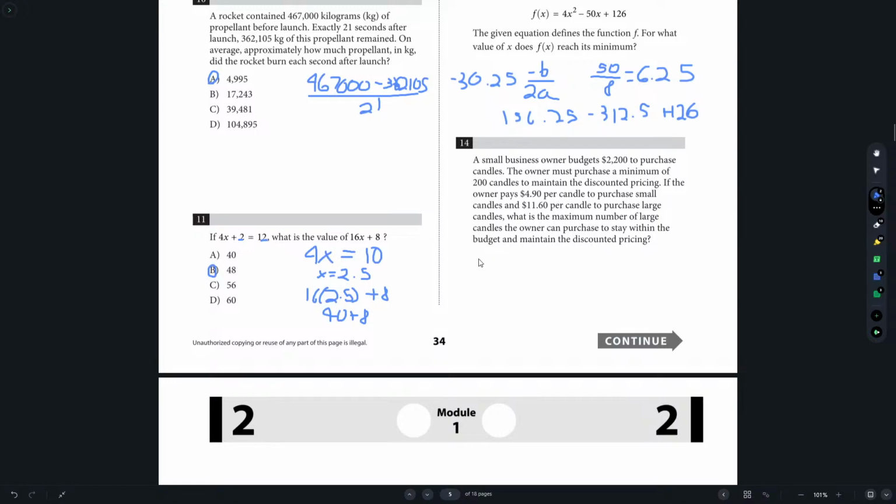So we have our small candles and our large candles. That has to be greater than or equal to 200. And then 4.9 times the small plus 11.6 times the large has to be less than or equal to 2,200.